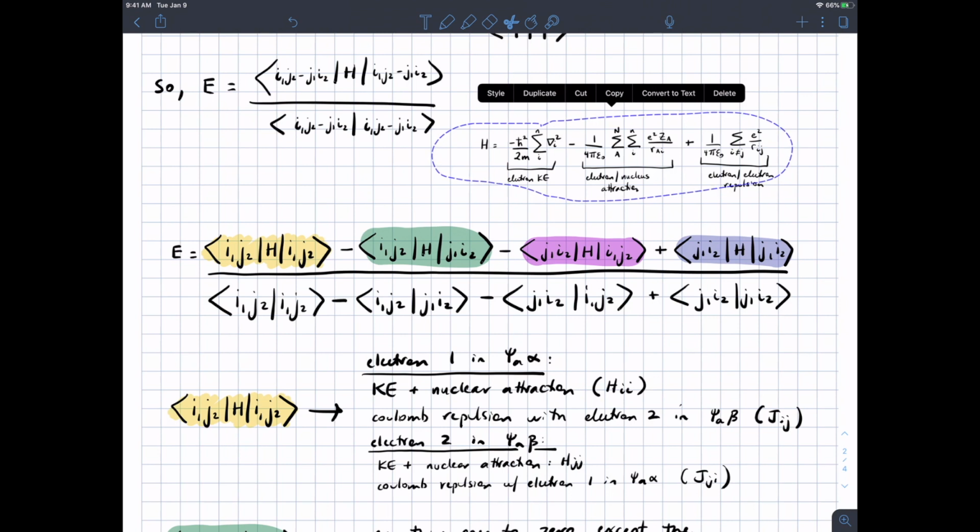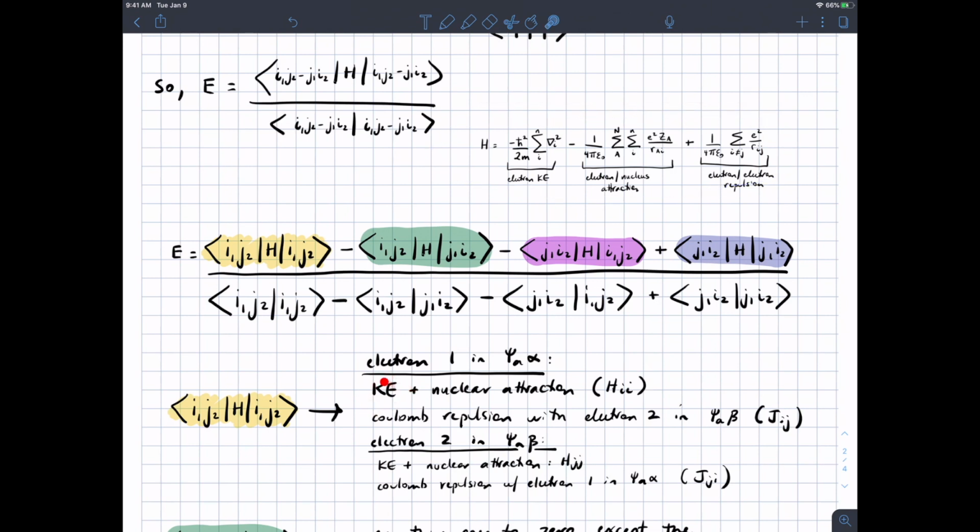And do I recommend going through that? Not necessarily, because I only just barely sort of got it. But the way it works out for this particular term, you basically get the kinetic energy of electron 1 in spatial orbital A with spin alpha, its attraction to the nuclei, and then Coulomb repulsion with the other electron.